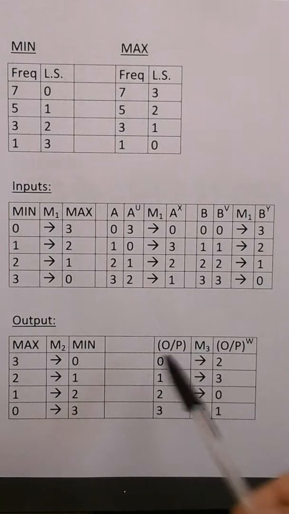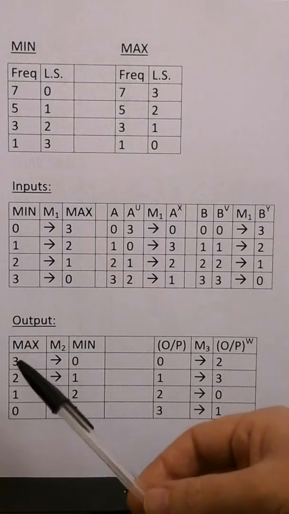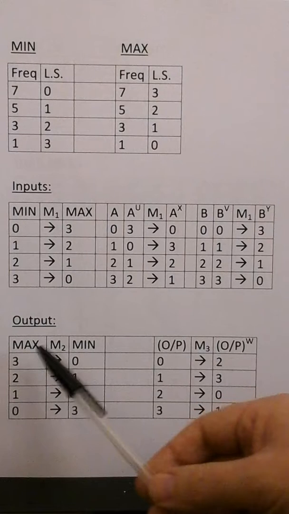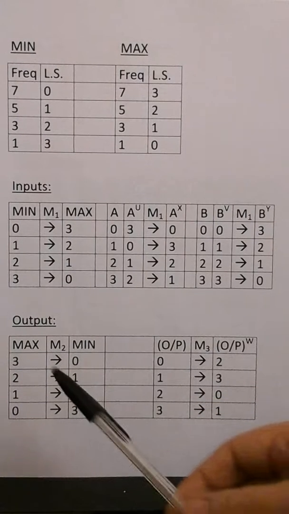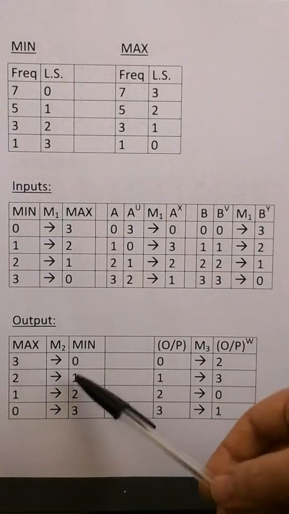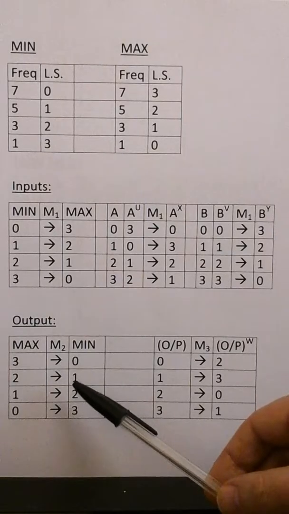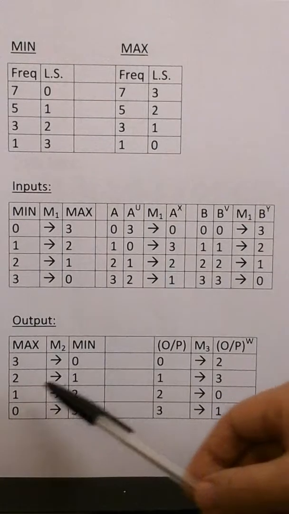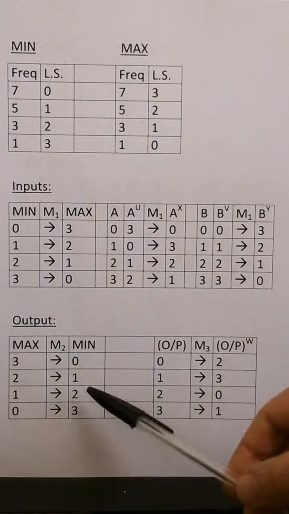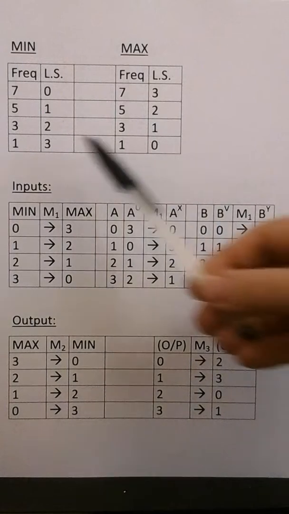Now for the output, we'll do the inverse mapping, so it's from the maximum function to the minimum function. So 3 to a 0, 2 to a 1, sorry, 1 to a 2, and a 0 to a 3.